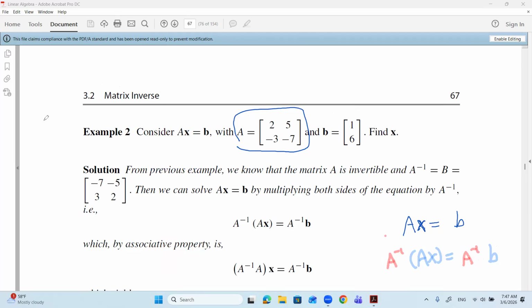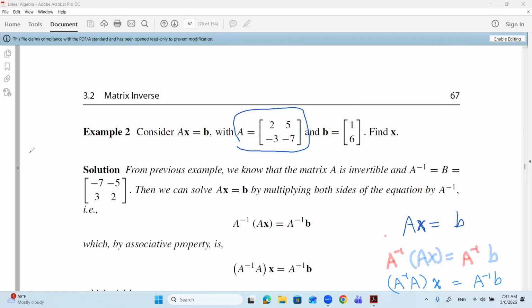Then, by the associative property, we can associate A inverse and A together, and X is just the vector. We keep it. And this A inverse B is still A inverse B. We keep it.